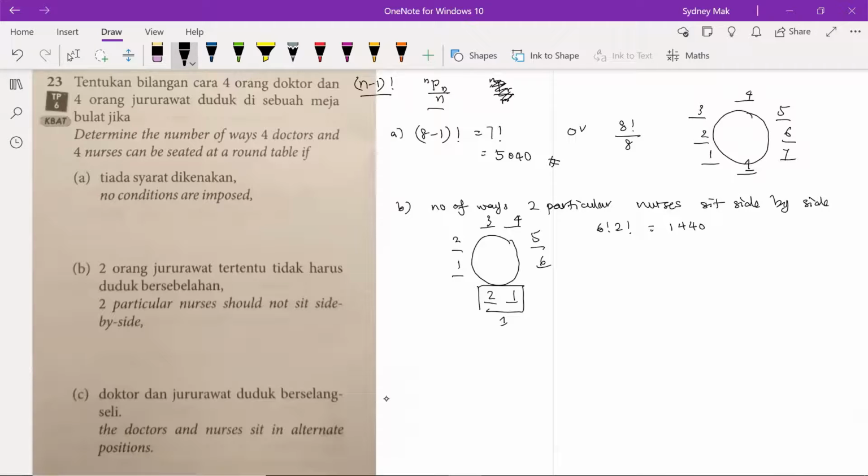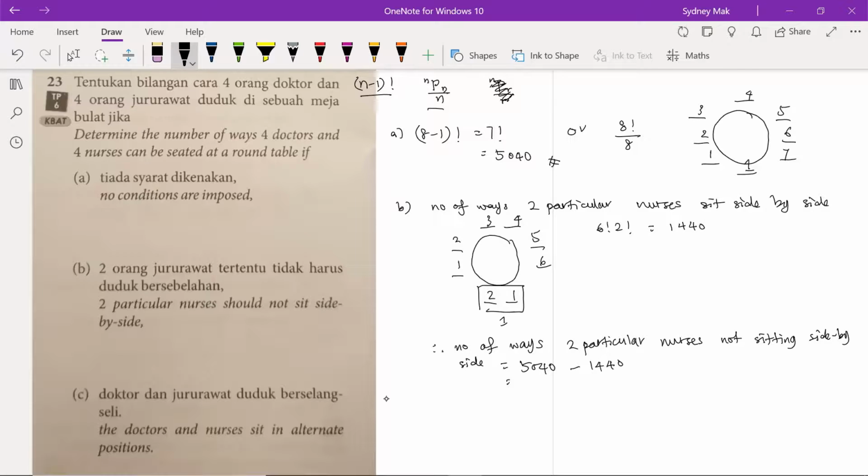Therefore, the complement way: the number of ways the 2 particular nurses are not sitting side by side will be 5,040 minus 1,440.